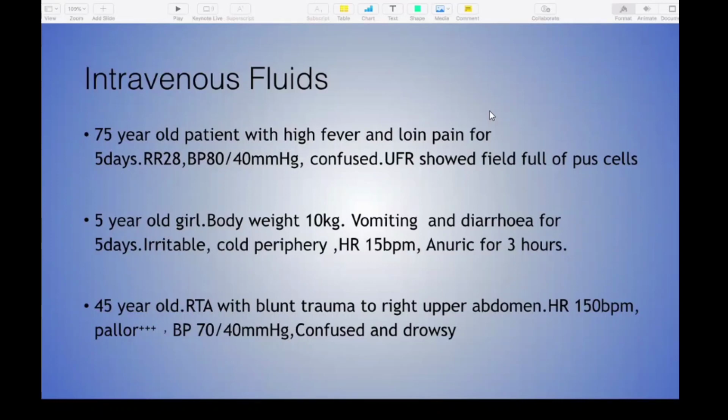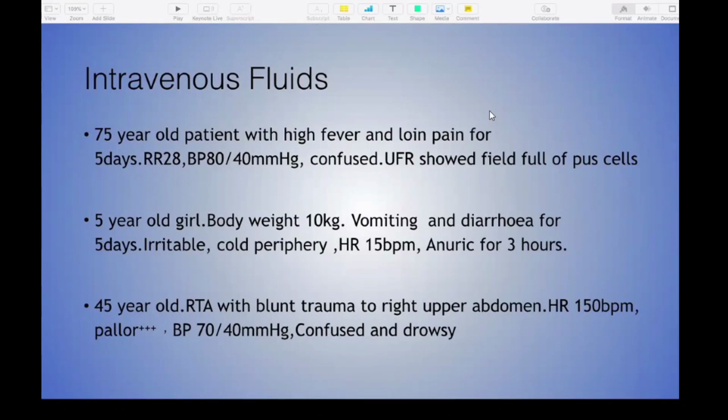The child is irritable, and the mother says she didn't pass any urine for the last 3 hours, and the urine color was dark. Then you get another patient, 45 years old, coming with an RTA and blunt trauma to the right upper abdomen. He is tachycardic, the blood pressure is 70, and he is confused and drowsy.